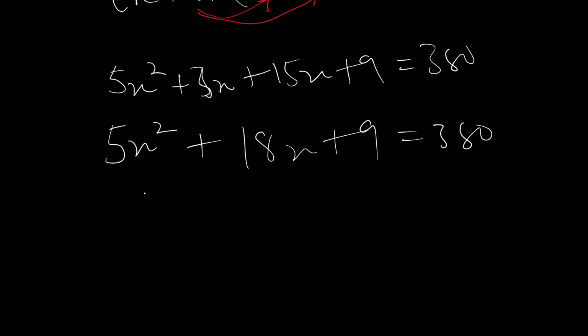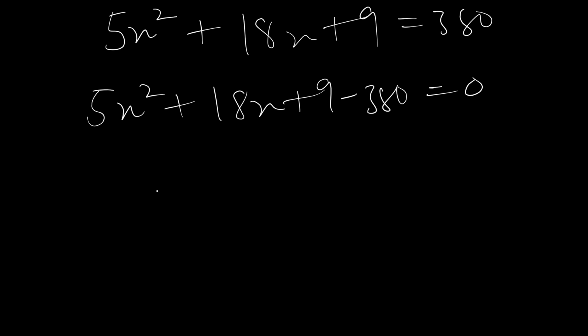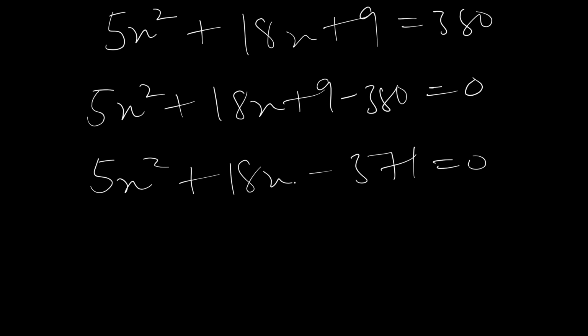We can rewrite this as 5x squared plus 18x plus 9 minus 380 is equal to 0. Now this is the same as 5x squared plus 18x minus 371 is equal to 0.